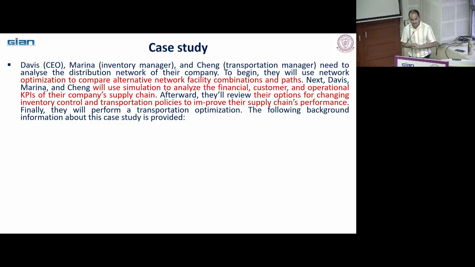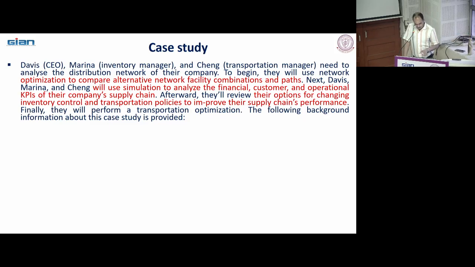In the existing case, the company has 2 DCs and around 6 customers. They want to use network optimization to check whether this existing network is good for their company, or what would happen if they add an additional DC, whether it would be a good option or not. They can also remove any existing DC.